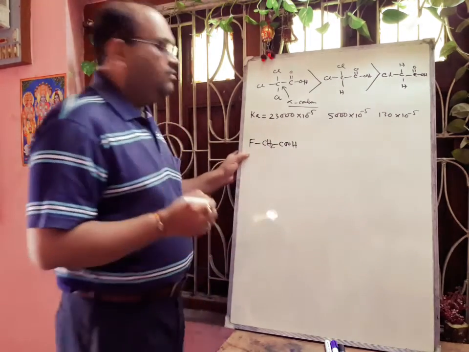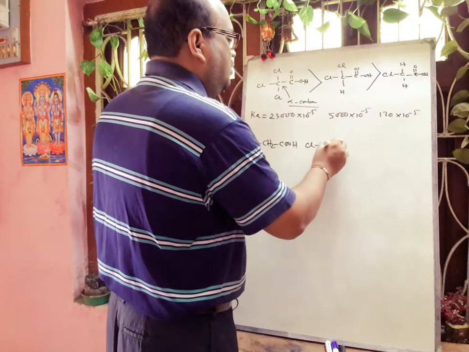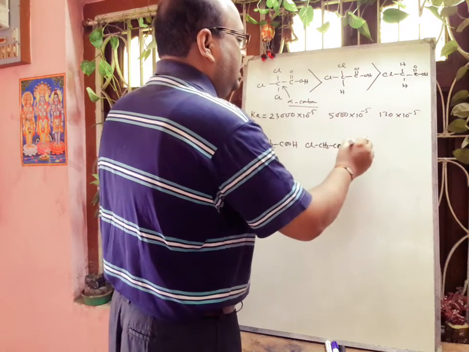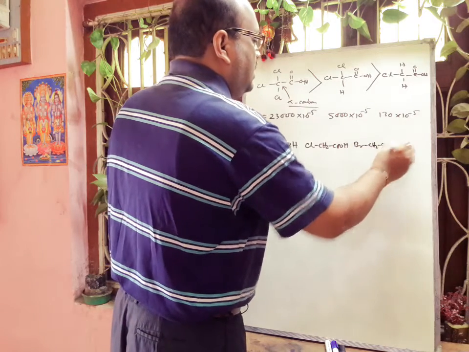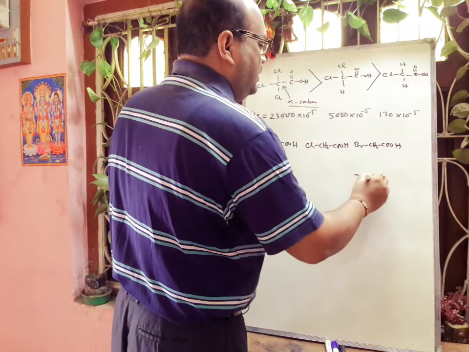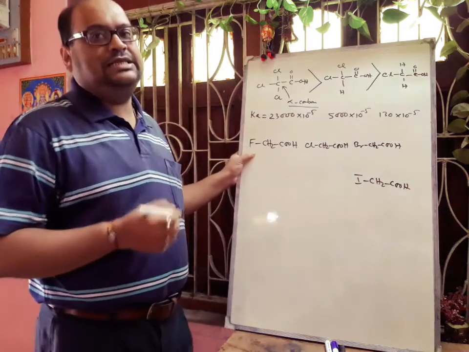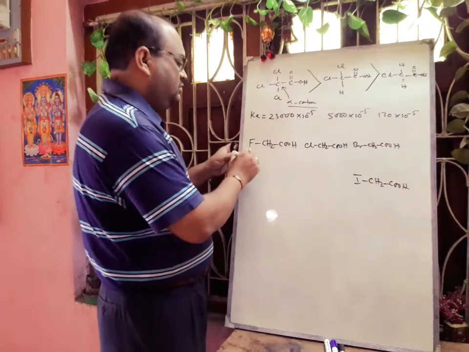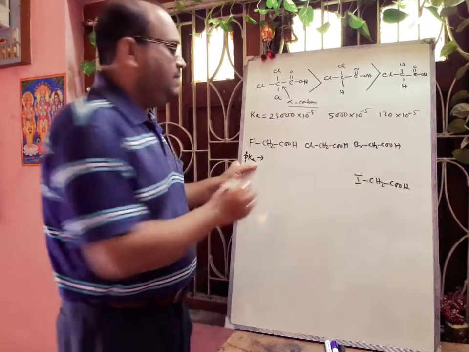This one is the fluoroacetic acid, then chloroacetic acid, then bromoacetic acid, and finally this one, the iodoacetic acid. So in case of fluoroacetic acid, the pKa value will be near about 2.59.